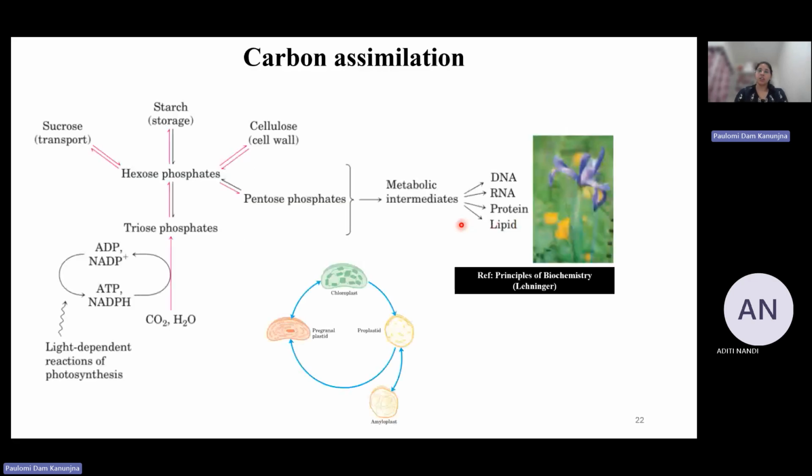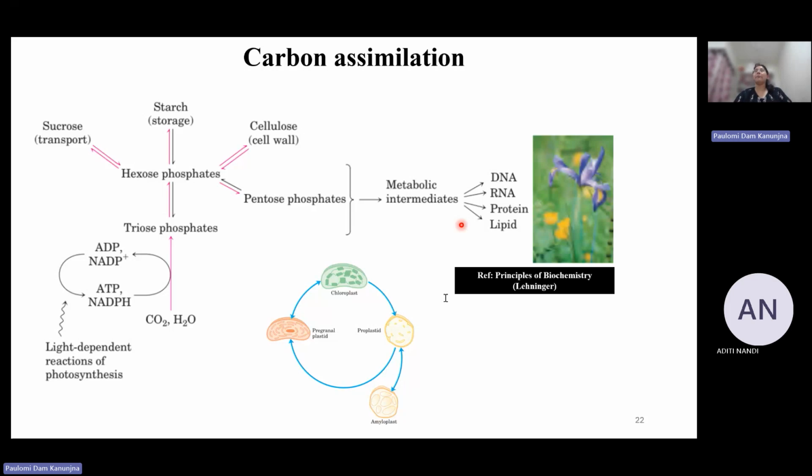Okay. All right. Now let's move on to carbon assimilation, which is the second part of photosynthesis. Now, what is carbon assimilation? So far, we have discussed ATP generation, NADH generation, NADPH generation, oxygen evolution or oxygen evolving complex, which gives oxygen. Everything is there.